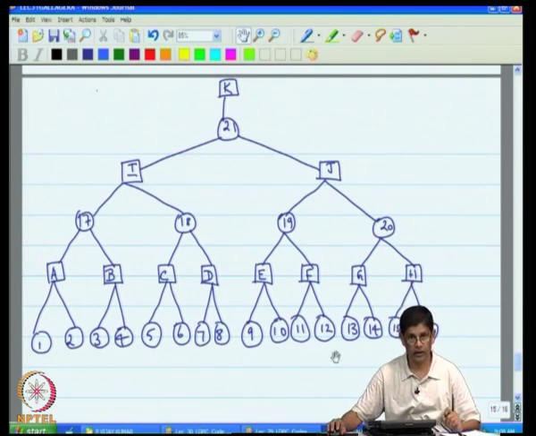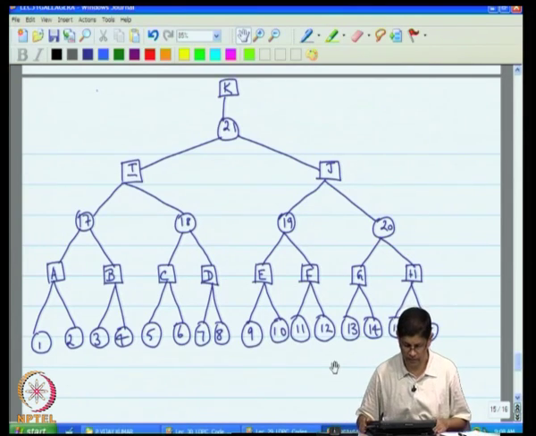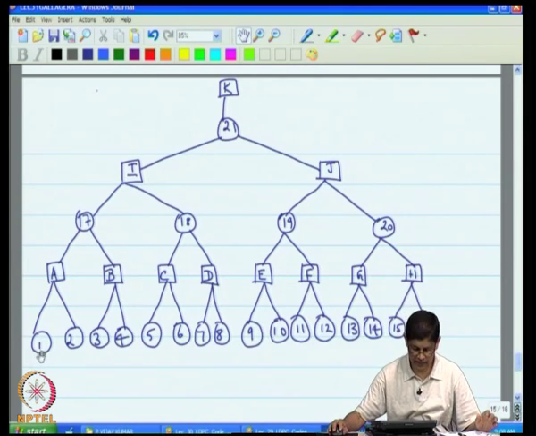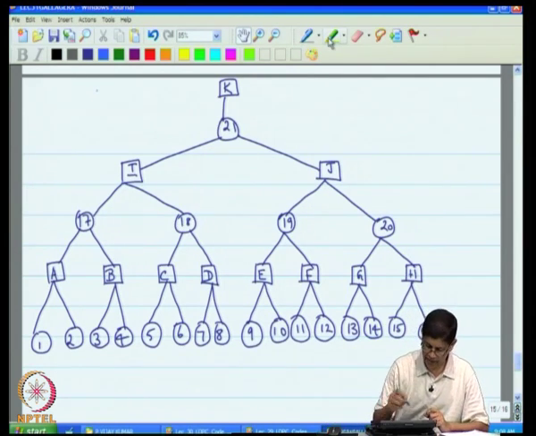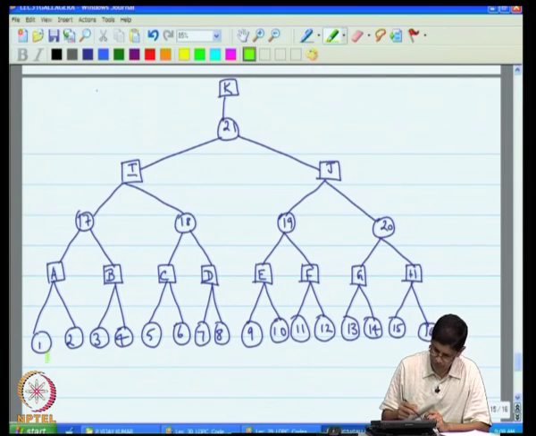Now, we are doing this density evolution under the assumption that the transmitted code word is a 1. In particular, we know what the transmitted code word is.